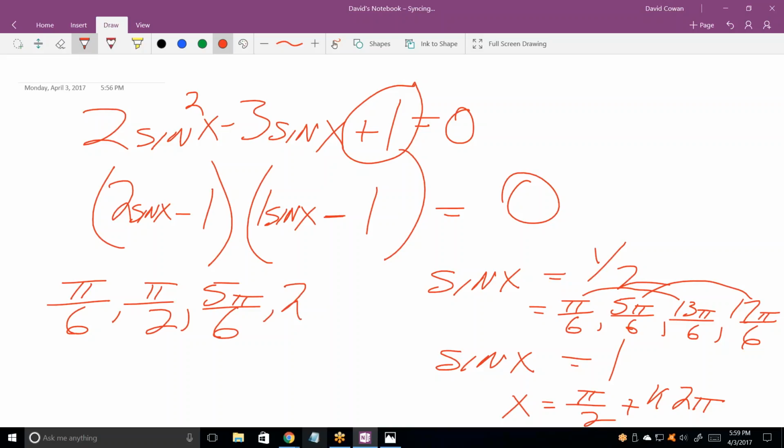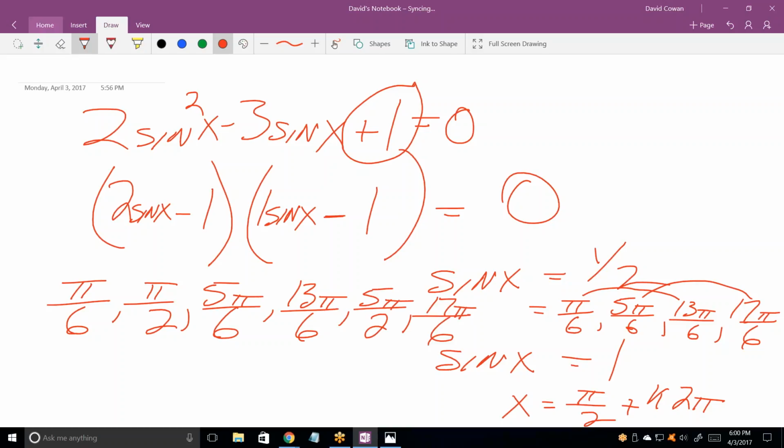No, I don't have 2 pi. The next one in order would be 13 pi over 6. And then I would have 5 pi over 2, and then 17 pi over 6. I may have those out of order. No, that's the right order.